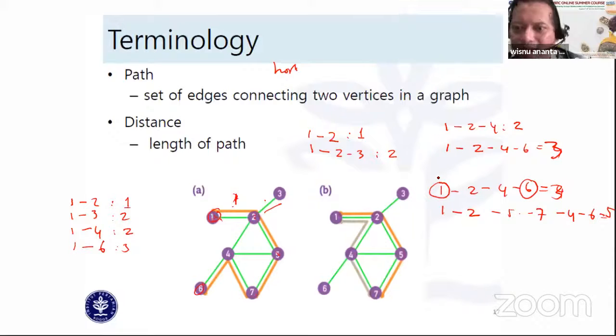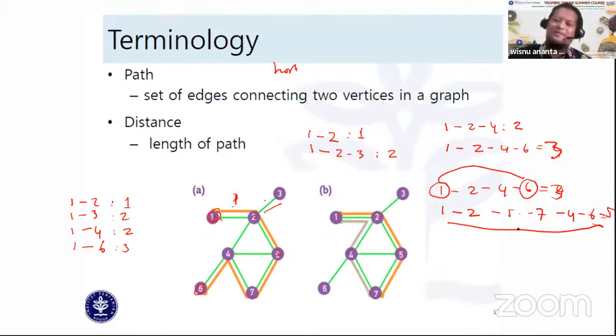This is the shorter path than this path, because in the first path we only have 3 links to go from 1 to 6, but in the second path we should go through 5 links, 1, 2, 3, 4, 5. So this is the shortest path in this graph. Okay, the definition of shortest path is like that.